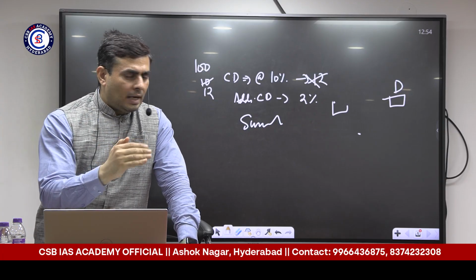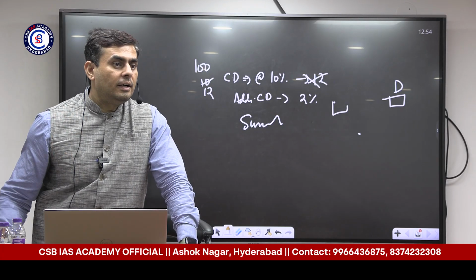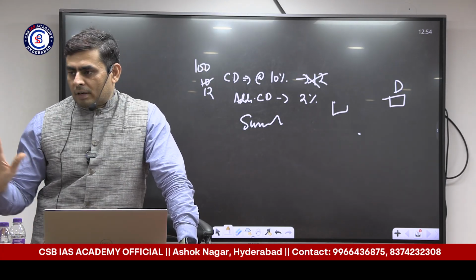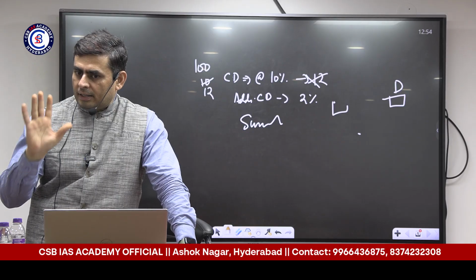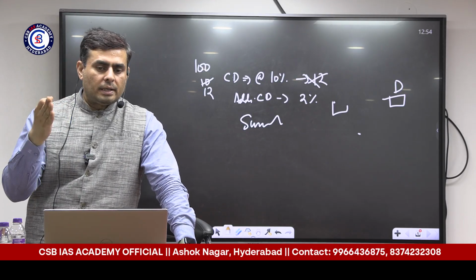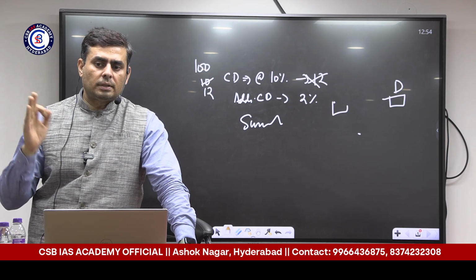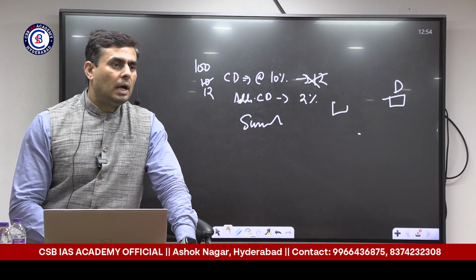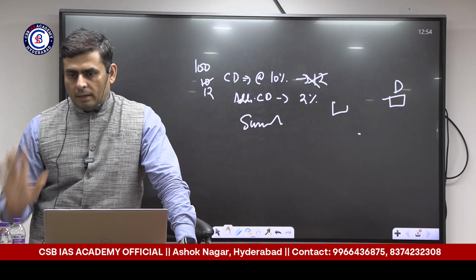Like recently, the government has fixed a 100-liter cap on diesel for non-transportation purposes. If you are using diesel for non-transportation purposes, the maximum cap is 100 liters in a day.